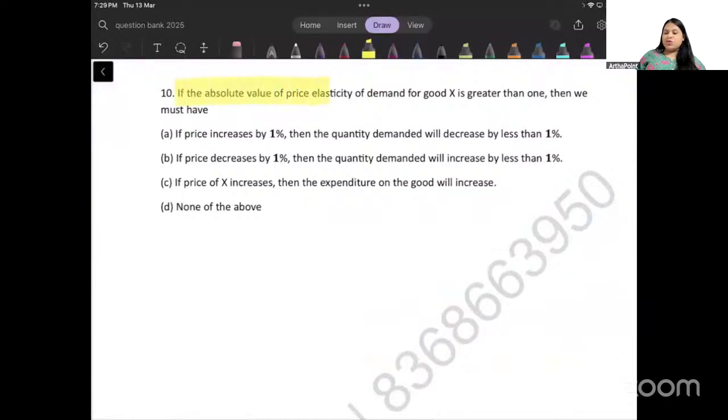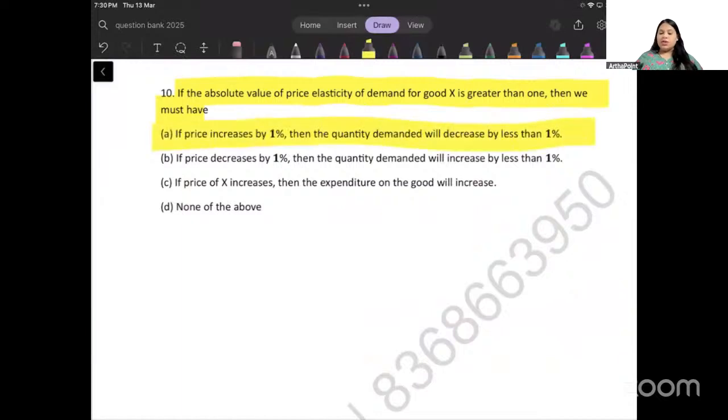If the absolute value of price elasticity of demand is greater than 1, we must have: if price increases by 1%, quantity demanded will decrease by less than 1%. Price decreases by 1%, quantity will increase by less than 1%. Price of X increases, expenditure will increase. None of the above.